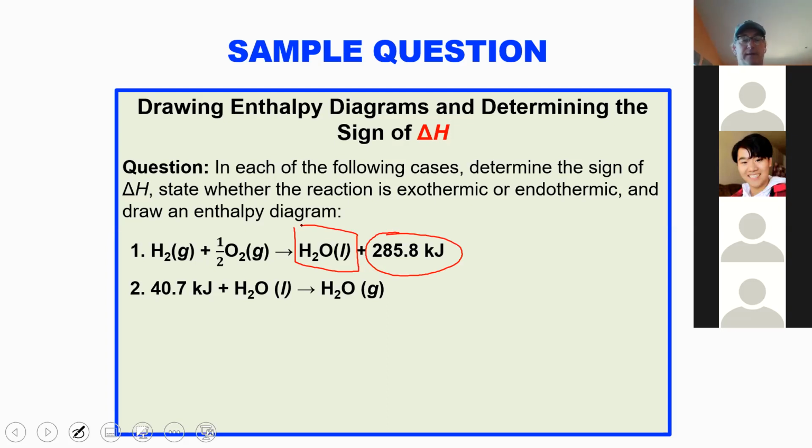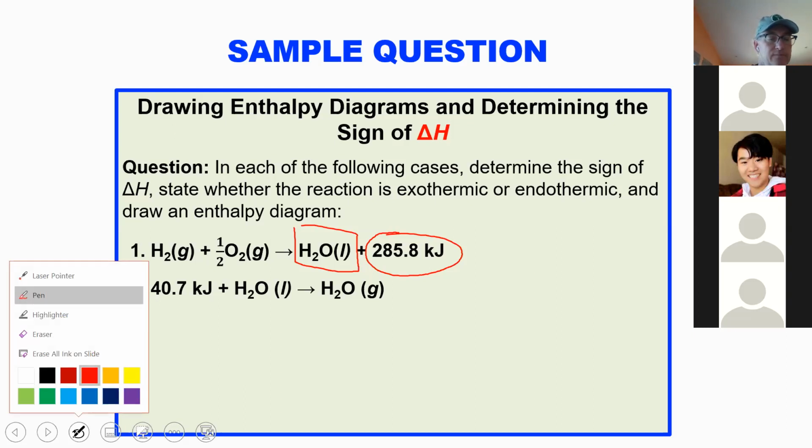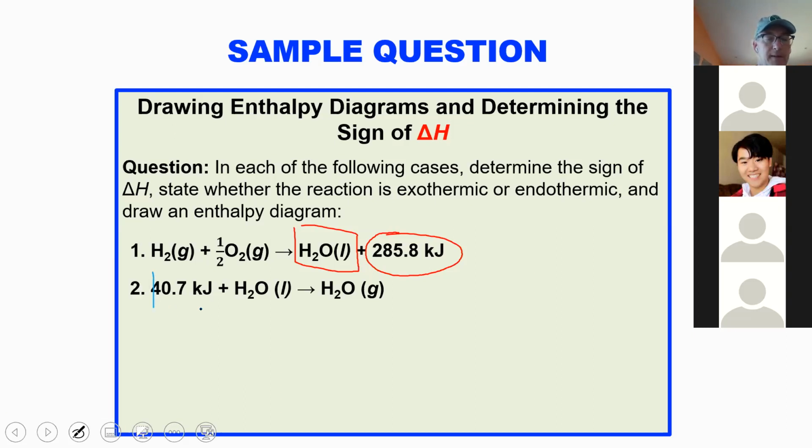Our second example is adding heat to liquid water to create water vapor, or H2O(g), in the gas phase. In that instance, we need to add heat to liquid water to turn it into a gas. And so if we're adding heat, we make that a reactant, because that's something we are adding into the system to get that reaction to go.